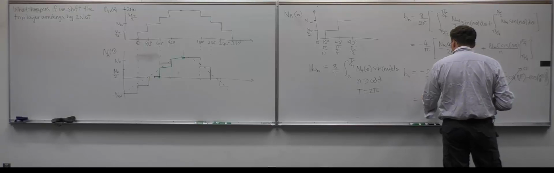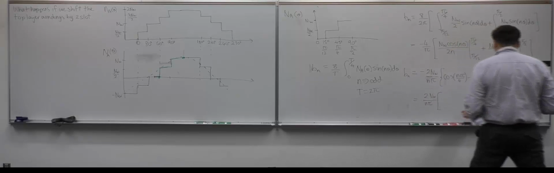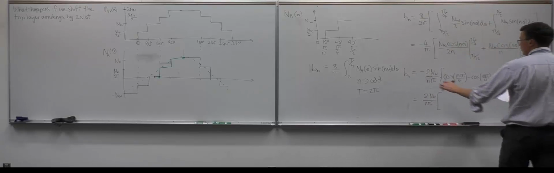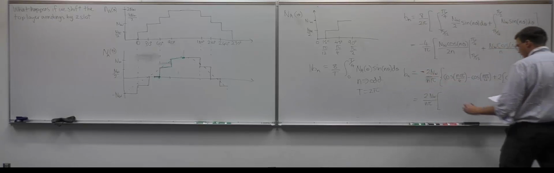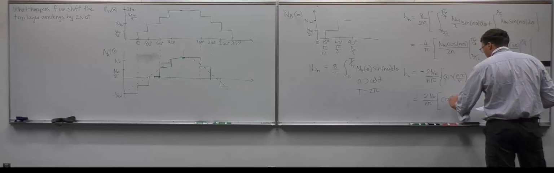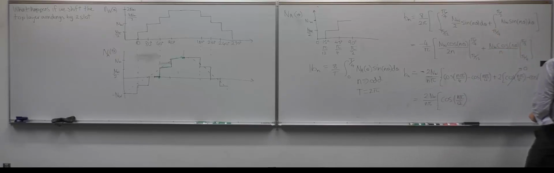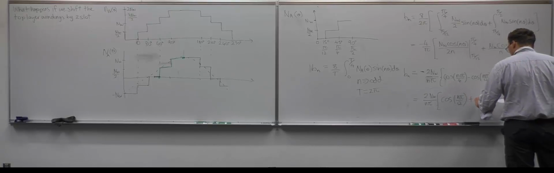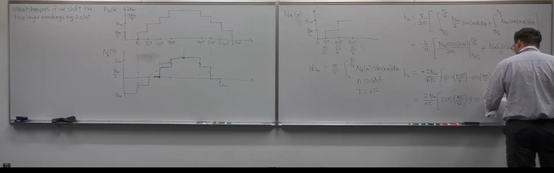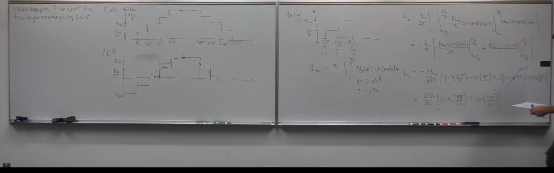So we're going to have 2NW over n pi. Now there's a minus out here, remember, so the minus becomes a plus, so we have cosine n pi over 12, and then plus cosine n pi over 4, like that.